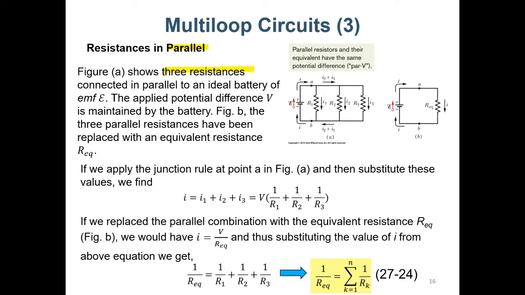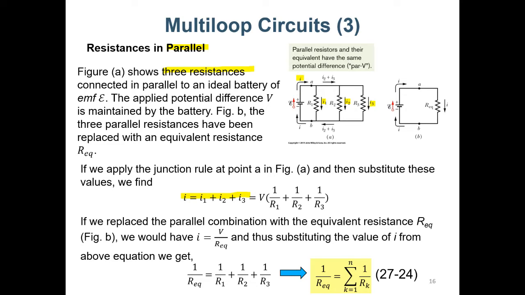So for the left-hand side case, we apply the KCL, and we know that I is actually equal to I1 plus I2 plus I3. So the I should be V over R1 plus V over R2 plus V over R3 for I1, I2, and I3.